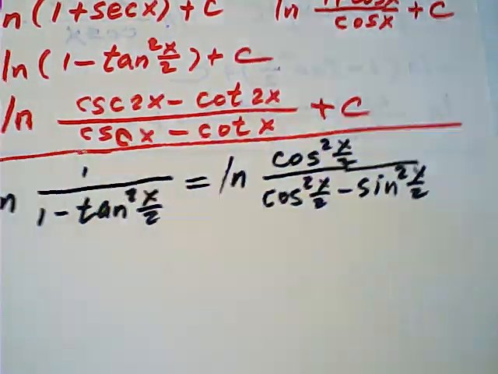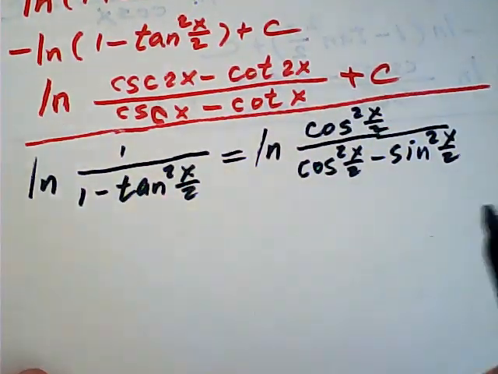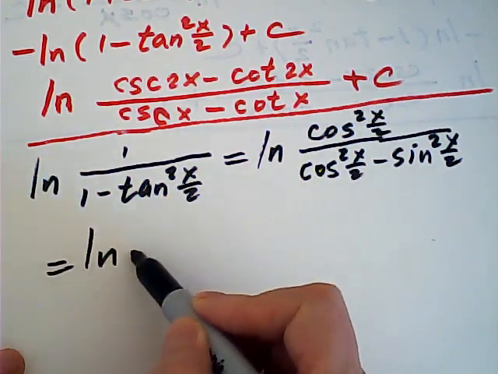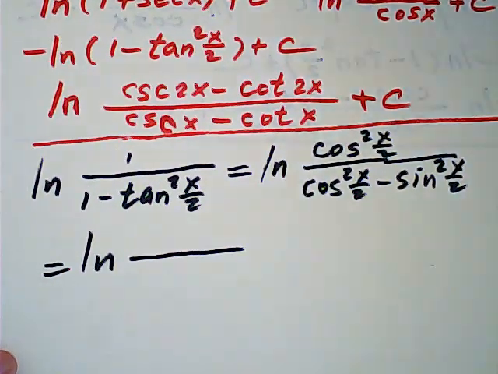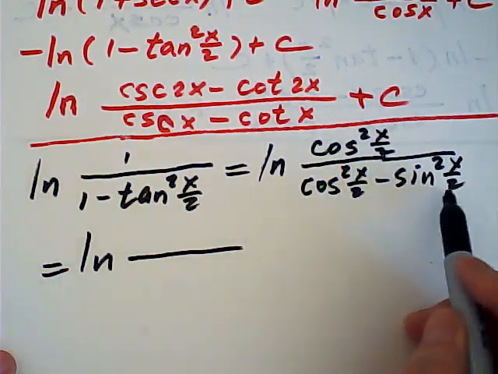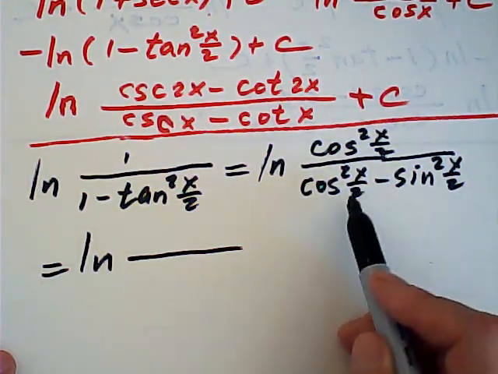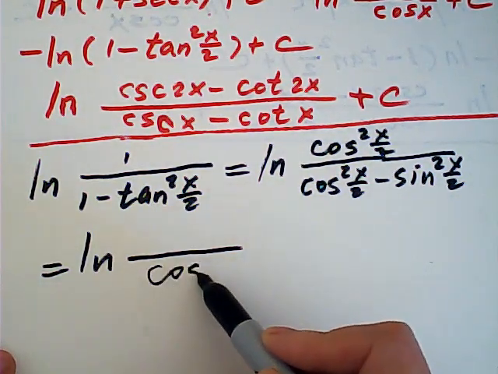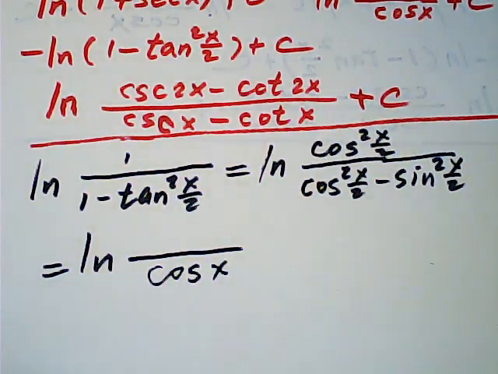And then this one is equal to natural log of the denominator, which is cosine x.